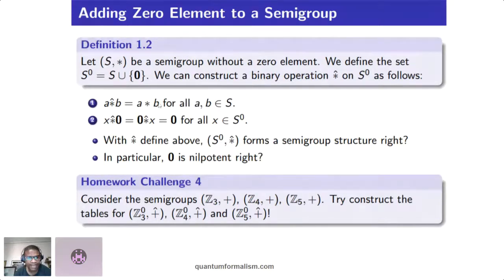But then we define X star hat with this newly added element bold 0 to be the same as bold 0 star hat X, and it's equal to bold 0. This is for all X in the union.